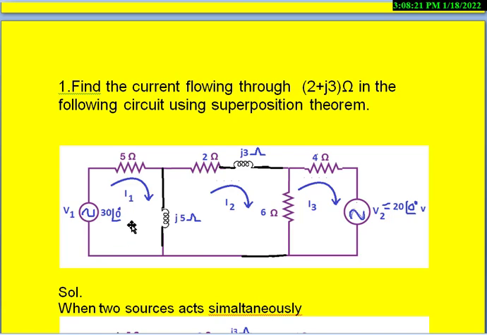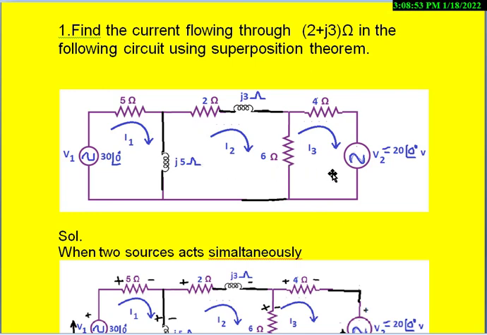The value of V1 is 30 volts at an angle of 0 degrees, and the elements are 5 ohms, J5, 2 ohms, J3 ohms, 6 ohms and 4 ohms. V2 is 20 volts at an angle of 0 degrees. The direction of the currents is also given: the first loop is I1, the second loop is I2, the third loop is I3.